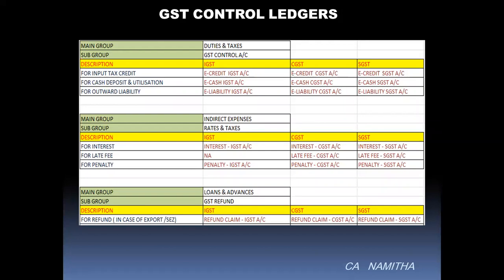It is suggested that the ledgers displayed right in front of your screen should be created based on the e-ledgers maintained at the GST portal. Now, the question arises as to why control ledgers are required in the books of account, or why control ledgers need to be maintained in the books of account of any business.